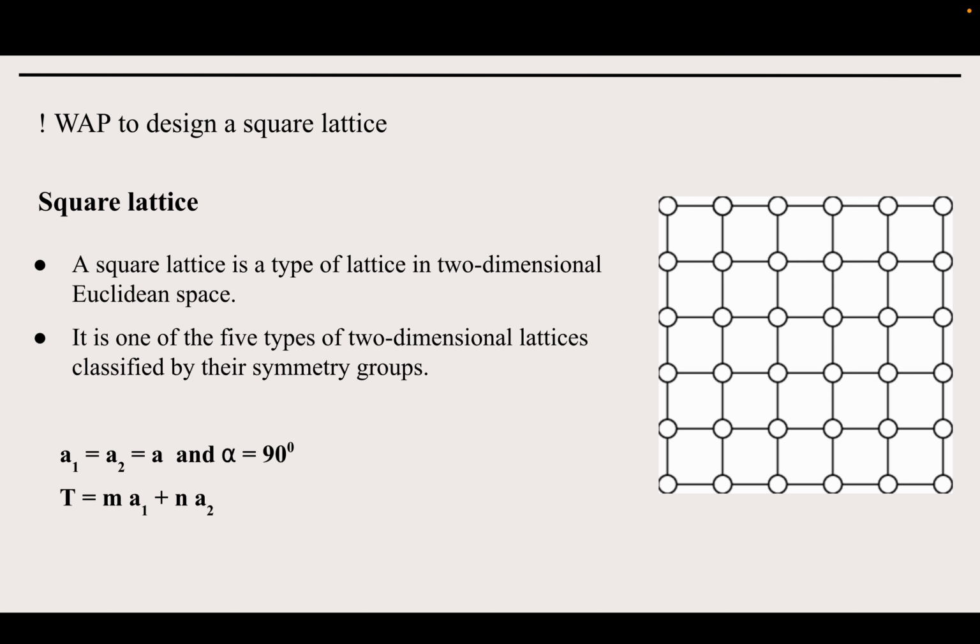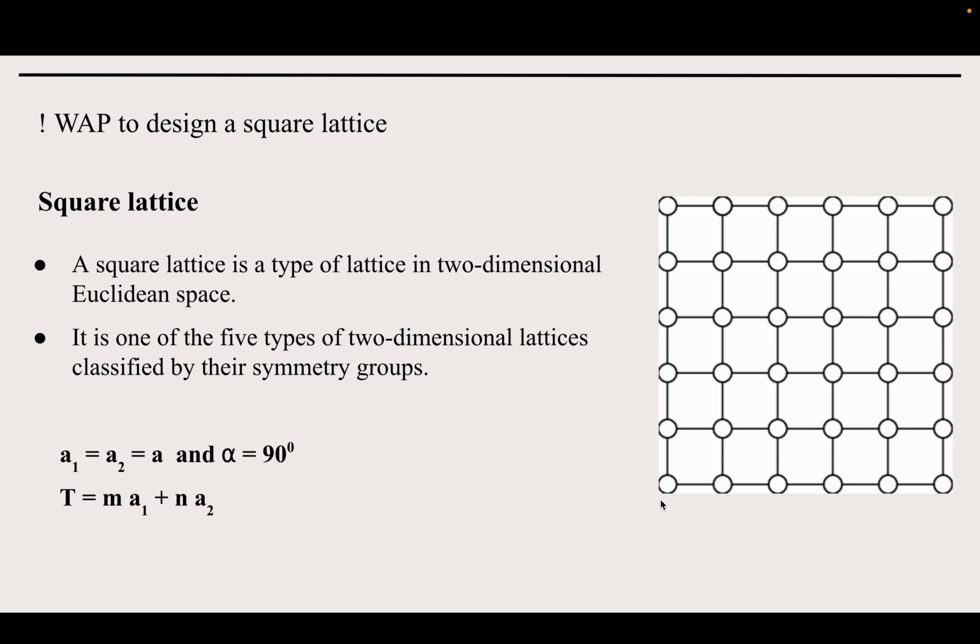So this way we can design a square lattice. To make it translate up to a certain range, we have to use a kind of transformation vector. Here, the m and n values will elongate the x and y axes up to a certain number.